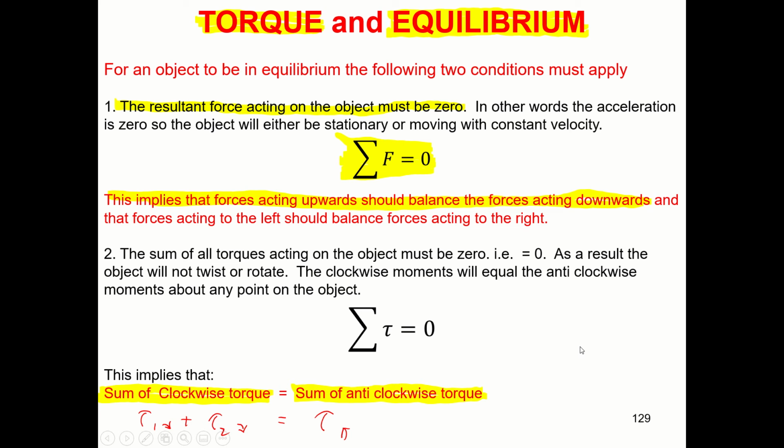So although our formula is just each torque equals force times distance, we've got to do that for each and every torque, and we've got to set up our equation. So clockwise torques equal anti-clockwise torques. We go force times distance for every one, and make our own formula up that says that these two things must be equal to one another because they are in equilibrium.